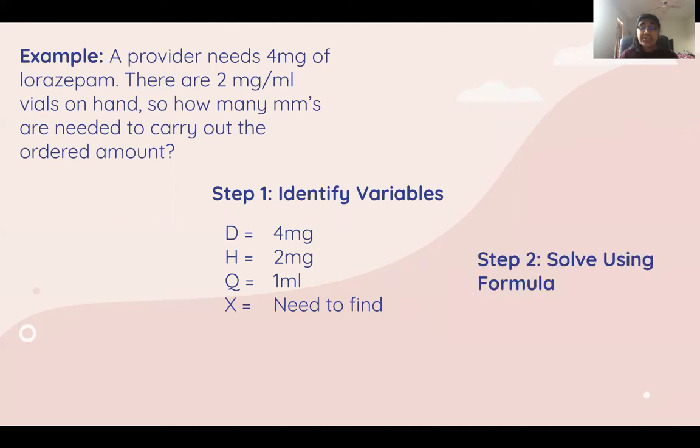Now, just like we did before, we're going to solve using the formula. We can see that 2 milligrams over 1 milliliter is equal to 4 milligrams over X, and X is equal to 2 milliliters.